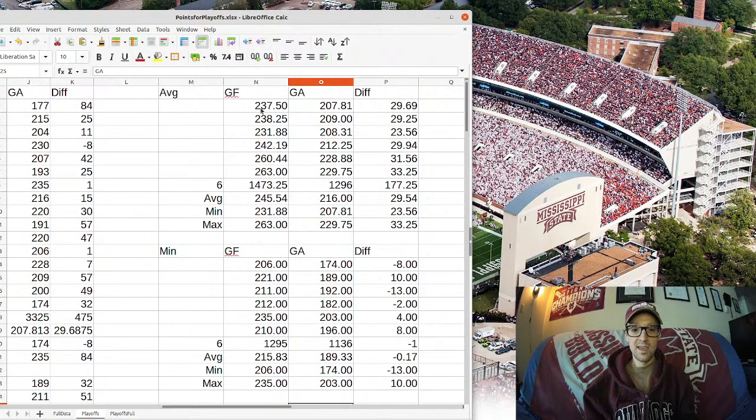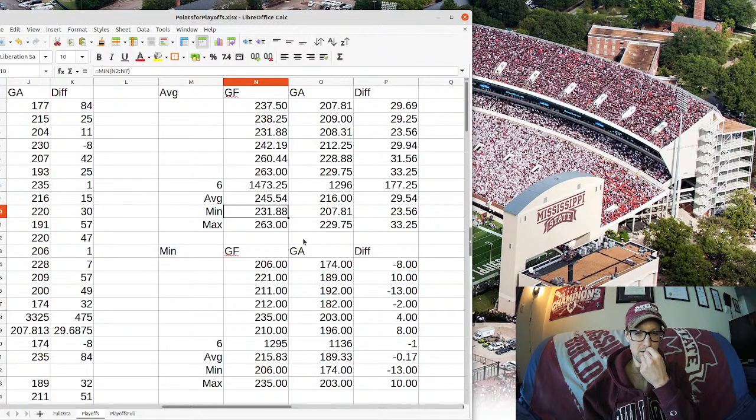So the average of the averages of goals for per season was 245.